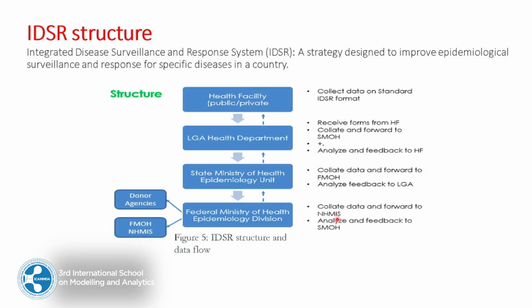The health facilities collect data on the standard integrated disease surveillance and response system. This is a strategy designed to improve epidemiological surveillance and to respond specifically to diseases in the country. So it's a fast response system that has been created.